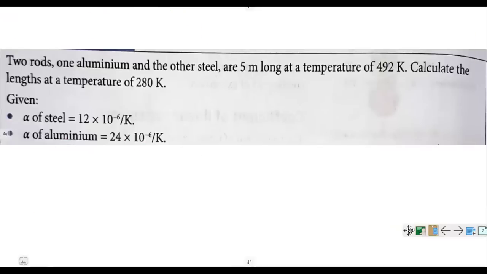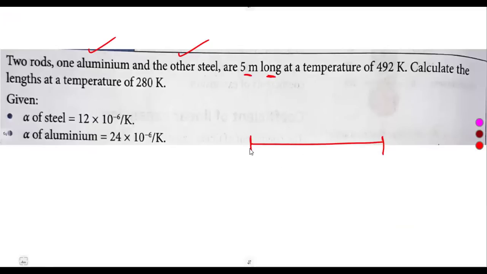Use it properly. Another question, using the same information: they are giving us a condition whereby we've got two rods, one aluminum and the other one steel, which are 5 meters long. So the two rods, their original length is the same.